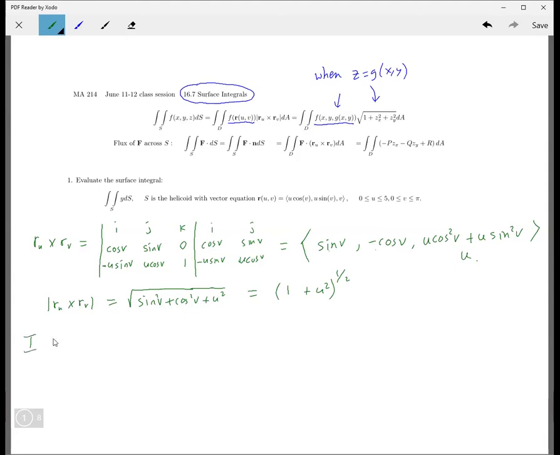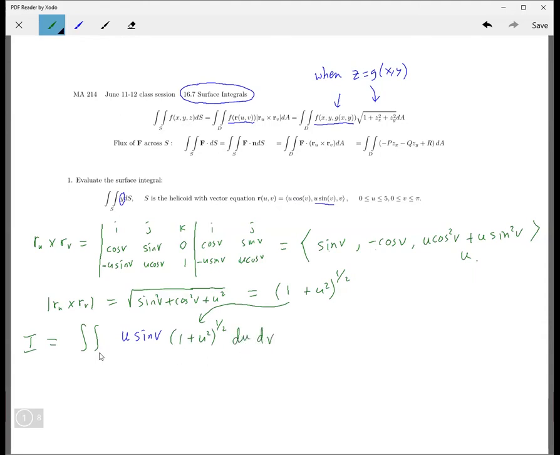Okay, so now the integral. We're going to multiply by that, but the y, what's the y here? That's this one here, right? So we have u sine v. And then this one, we have this 1 plus u squared to the 1/2, and then du dv.